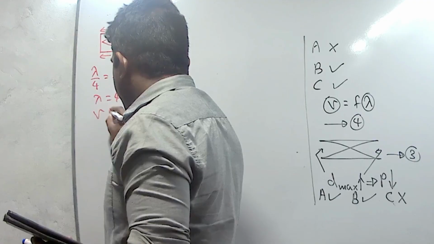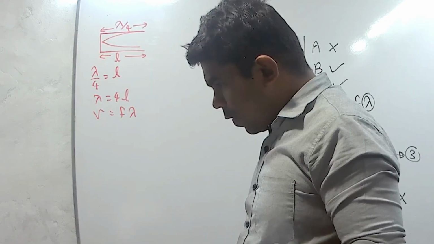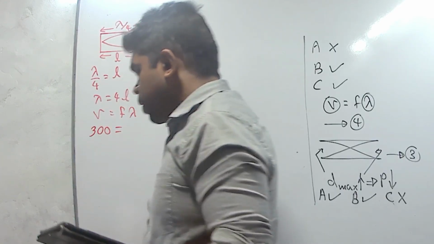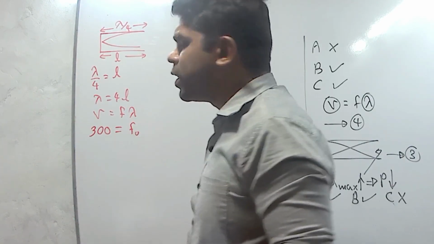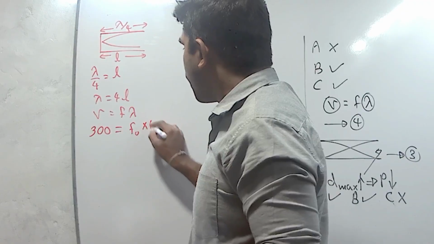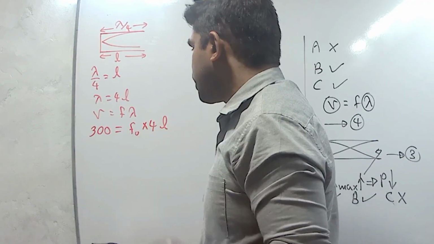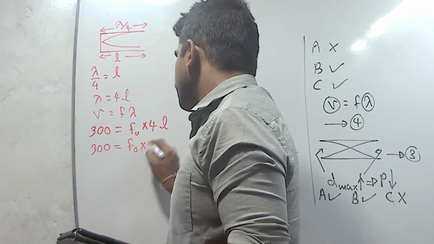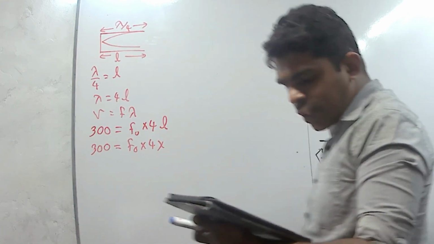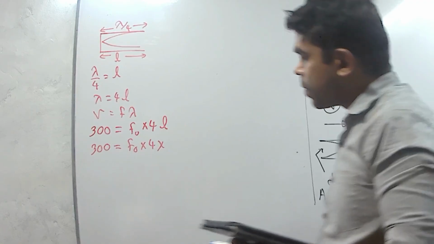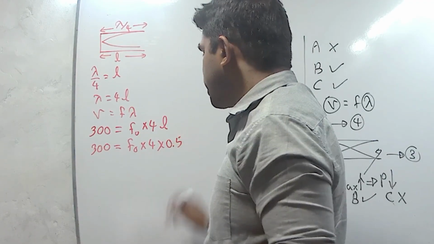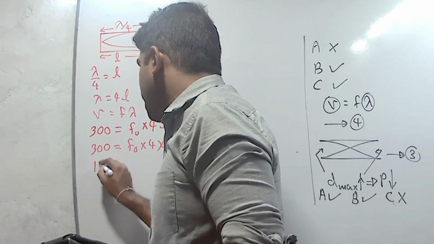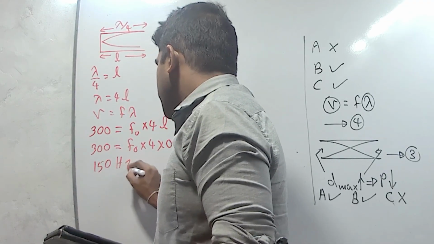Then we can use V equals F lambda. V is 300, given in the question. We have to find the fundamental frequency F0. Wavelength is 4 times L, the length of the tube. 300 equals F0 into 4 times the length, which is 50 centimeters, meaning 0.5 meters. 4 into 0.5 is 2, 300 divided by 2 is 150 Hertz.